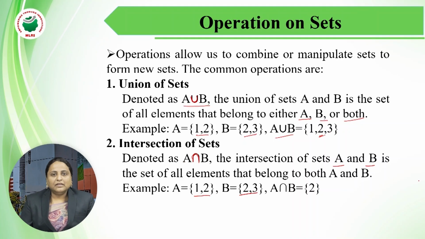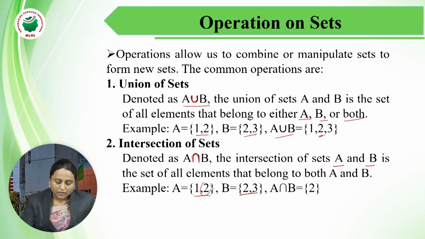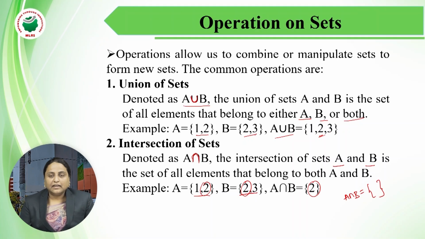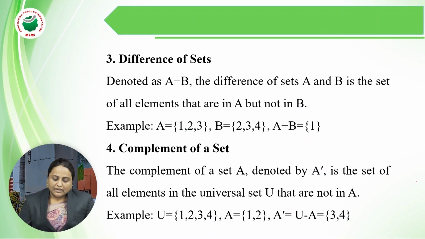So we take only the common elements present in both A as well as B. Uncommon elements are not considered here. So 1, 2 and 2, 3, only 2 is the common element. So A intersection B equal to 2. Suppose in any case, if you get A intersection B equal to null set, that means there is no common element at all between the two sets. So this is about union and intersection.